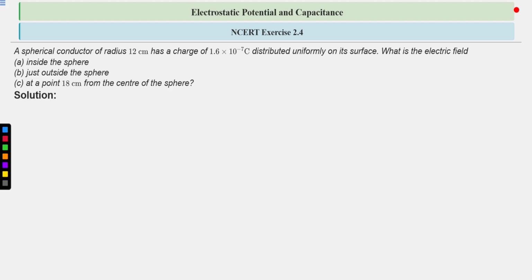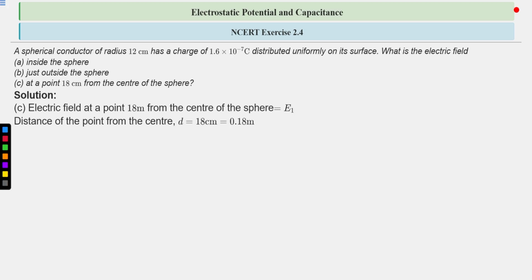Okay, C part. Electric field at a point 18 centimeter from the center of the sphere, E1. So the distance of the point from the center is equal to 18 centimeter.